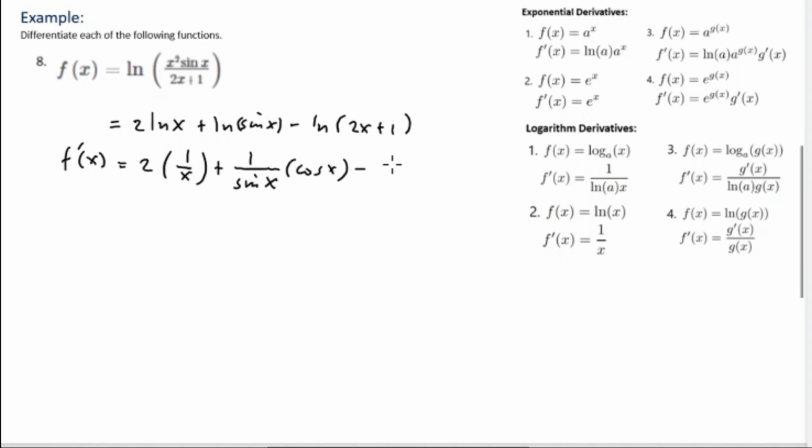So this is 1 all over 2x plus 1, times 2.